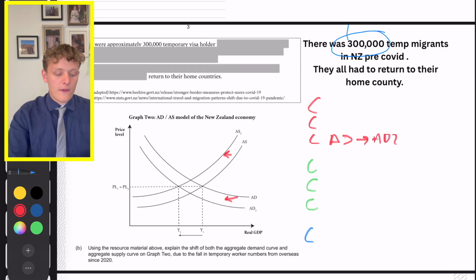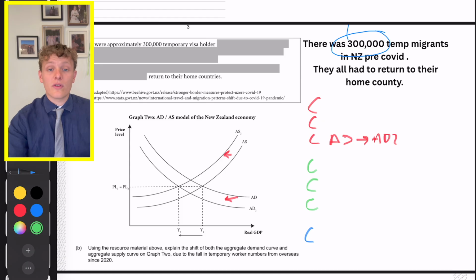And then for our second part, which is the supply, 300,000 less workers means that there is less production in our economy because there's 300,000 less people to do the jobs. This will decrease output in New Zealand, or decrease production. This is shown by a decrease in aggregate supply from AS to AS2.